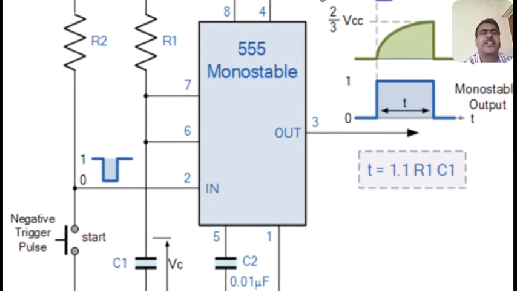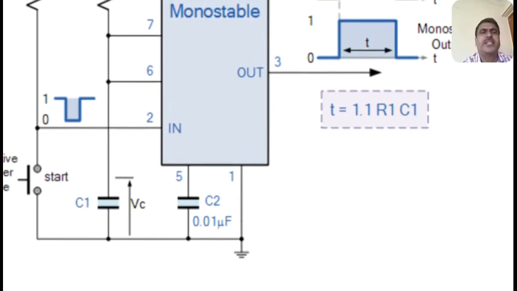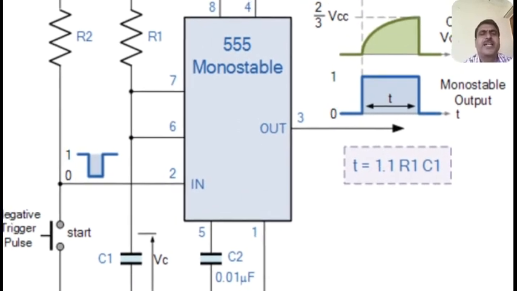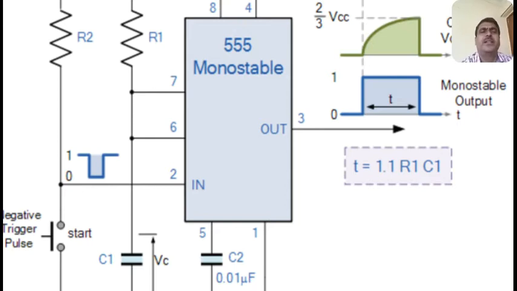Then this R1 is connected to capacitor C1, an external capacitor, for charging towards VCC, and the other terminal of the resistor R1 and the capacitor together are connected to pin number 7 and 6 of the 555 IC.